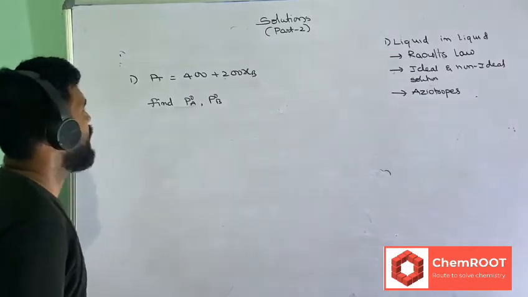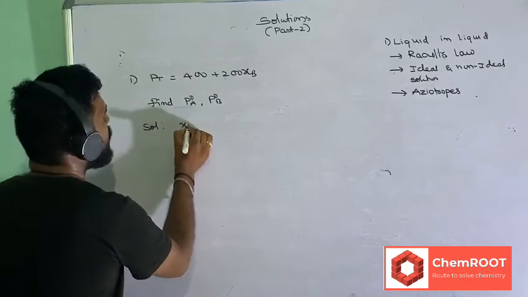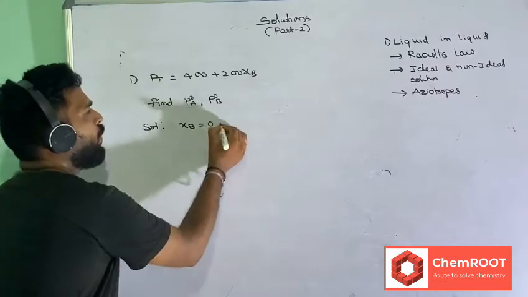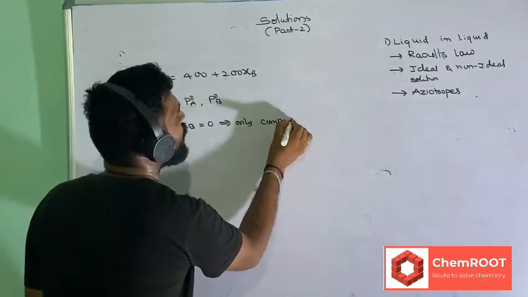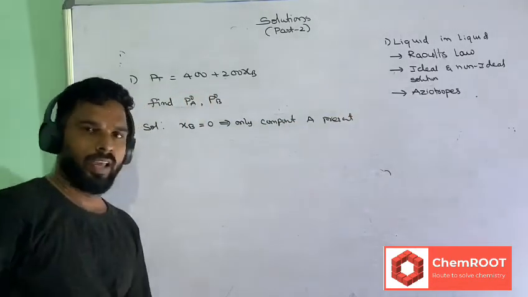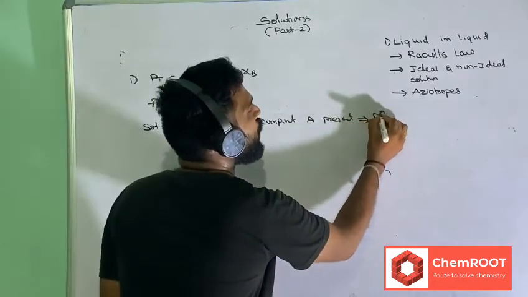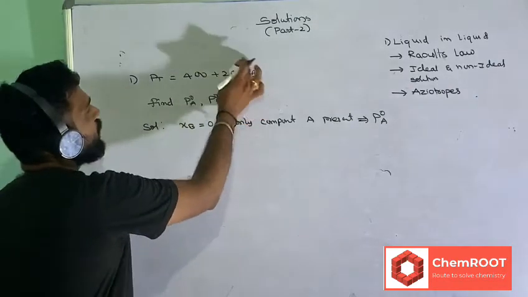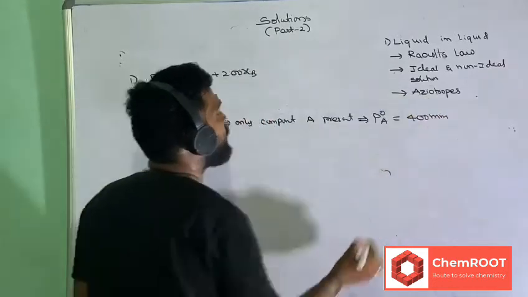In this case, we have one simple thing. When mole fraction of B is equal to 0, what will be there? Only component A is present. If only component A is present, that gives the information about P naught A. So applying this, chi B is 0, and P naught A is equal to 400 mm.